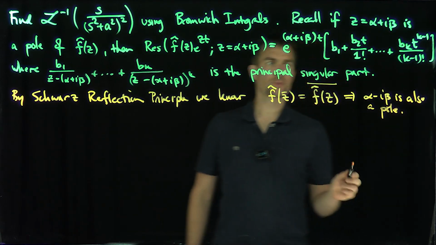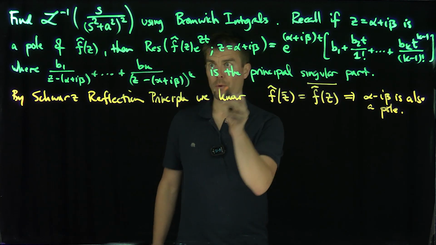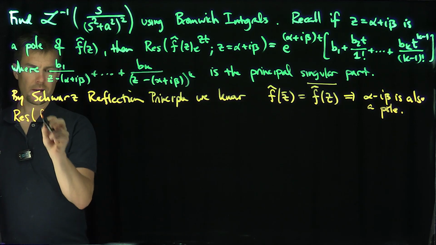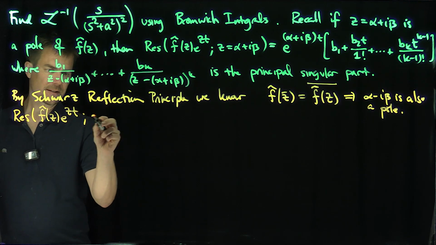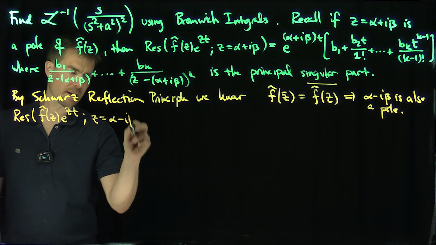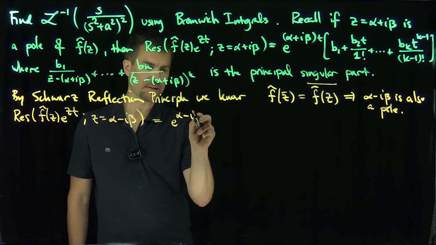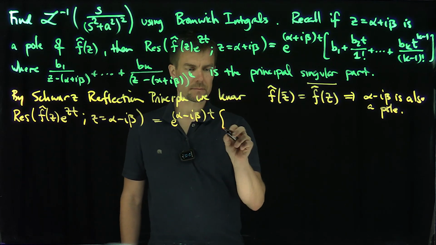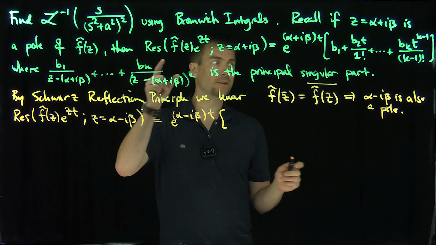Okay? And so what's going to happen here? Well, when I find the residue at the conjugate point, the residue of f tilde of z e to the zt at z equals alpha minus i beta is going to be e to the (alpha minus i beta) t, and then I have to take all the conjugates here, right?